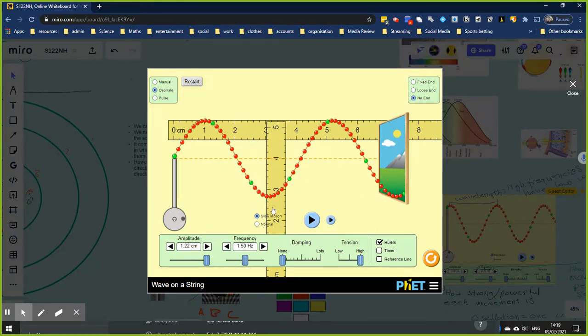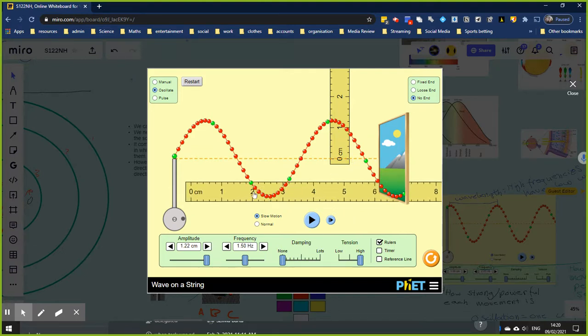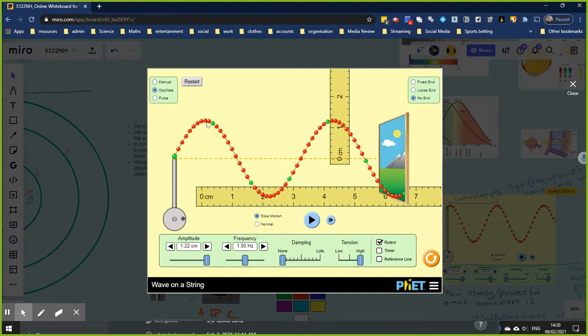Actually, we need to just move it up so we get a 0 there. And it looks to me like the ruler is about there, isn't it? So it's like 1.2, maybe 1.2 centimeters.